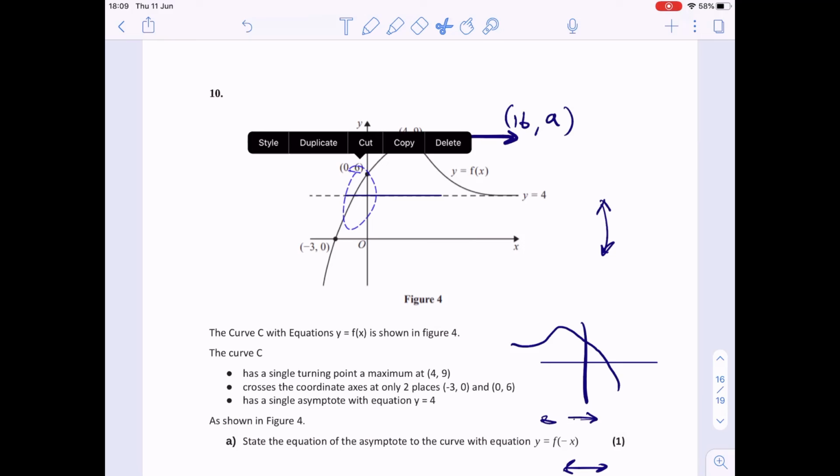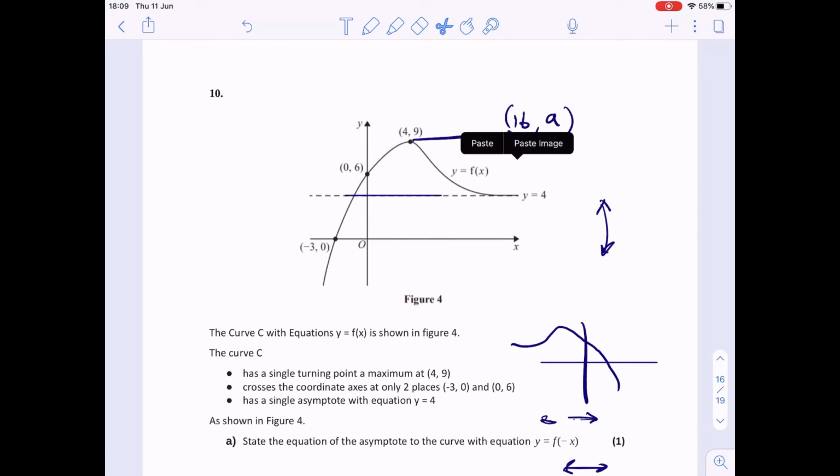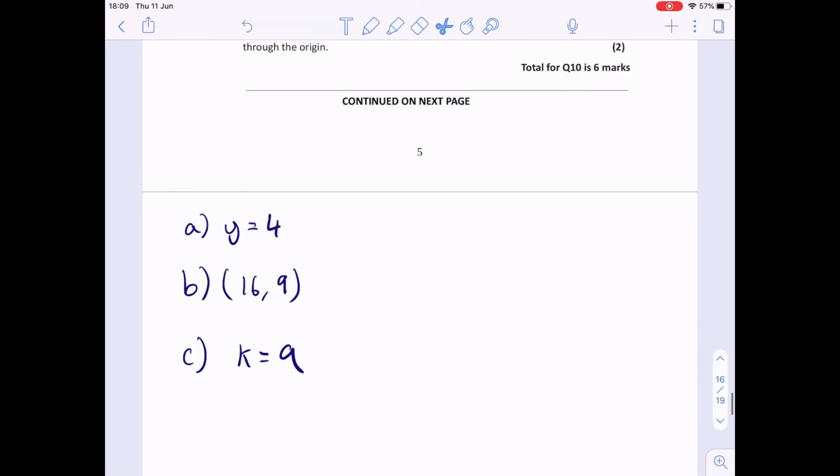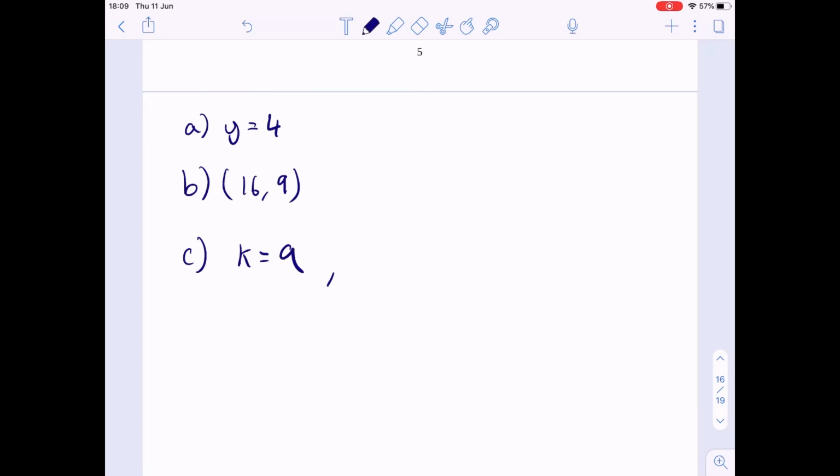Because this asymptote, our line doesn't ever touch that asymptote again from this point onwards. Okay, but it does still cross it at this value here. So at 4, it will have one crossing point, and actually all the points below 4 as well will have one intersection point. So I can say k can also be less than or equal to 4.